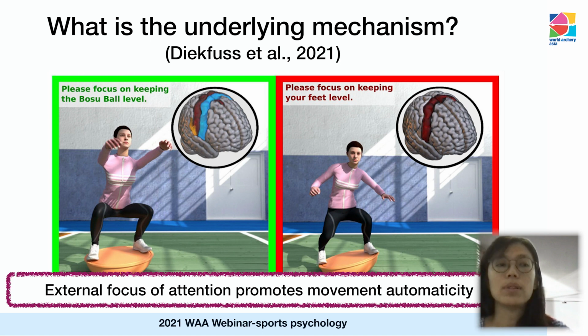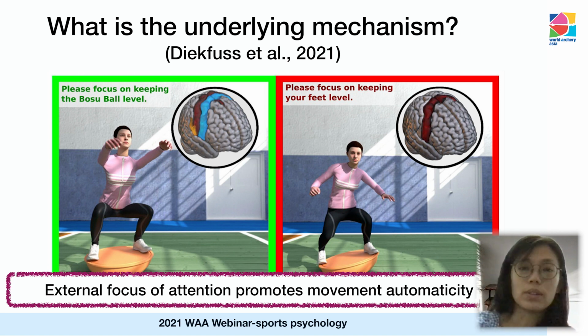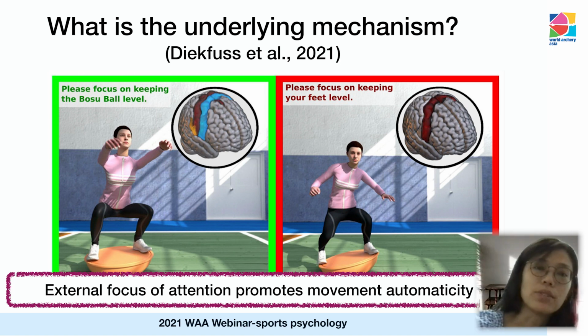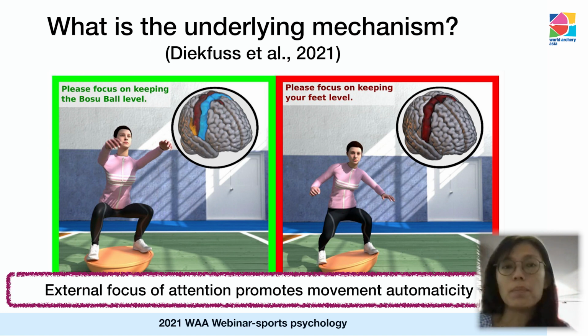And that will promote the motor automaticity and then increase the motor performance. And this is gonna be a virtuous cycle. Due to the better performance, there is a higher motivation, and then players can improve more and more.